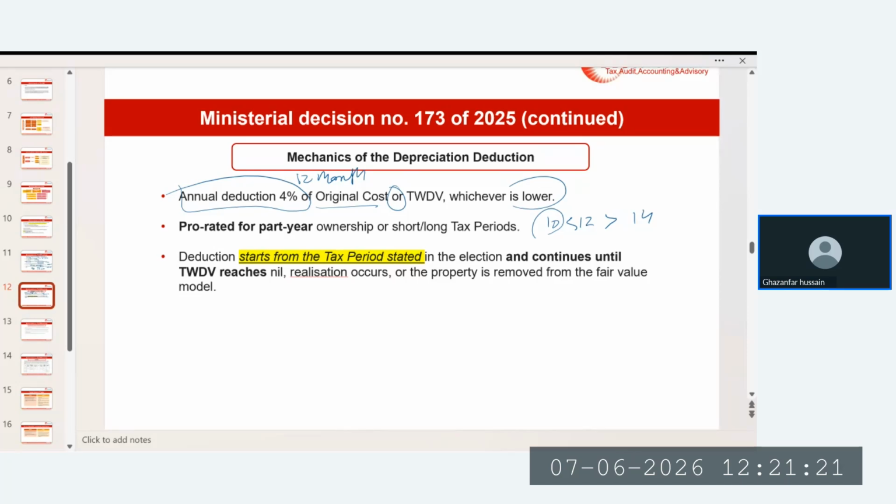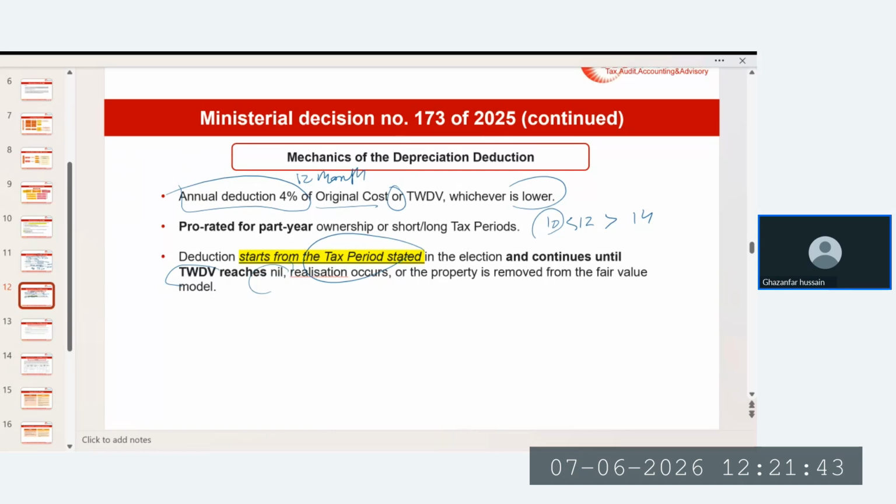Deduction starts from the first tax period in the election and continues until the tax written down value reaches nil, right? What is that? That is the cost. We'll keep continuing.